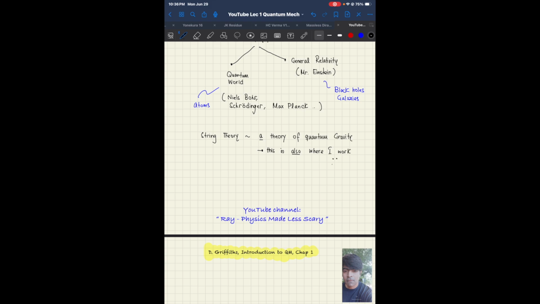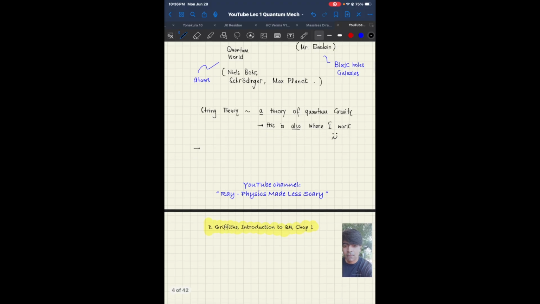For example, if you guys are interested in this deep mystery as to why these two worlds are so distinct, a classic book that I read when I was in school, and which made me so interested in physics, is the book by Brian Greene, The Elegant Universe.